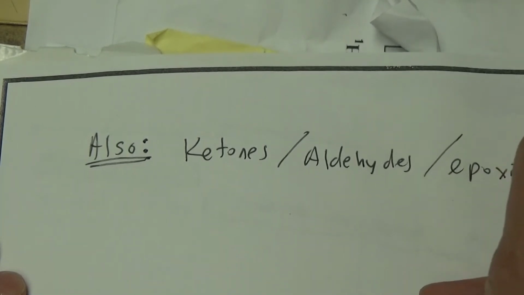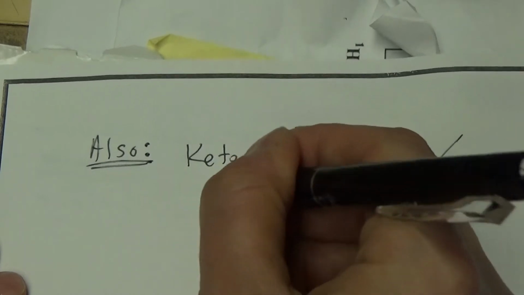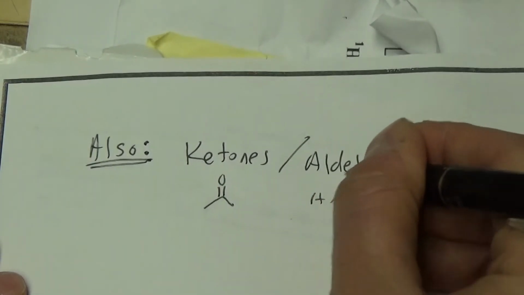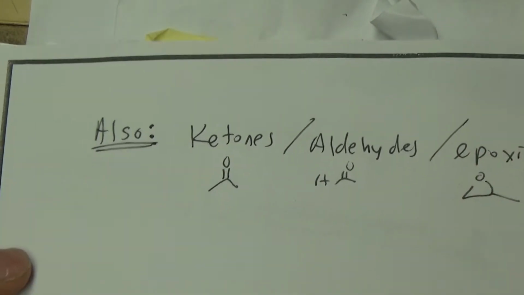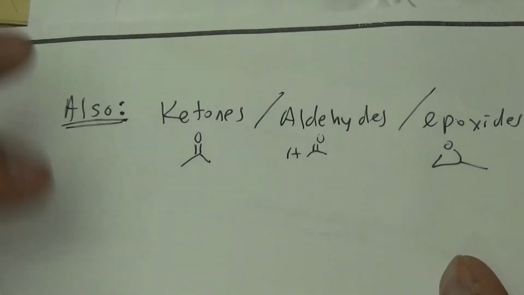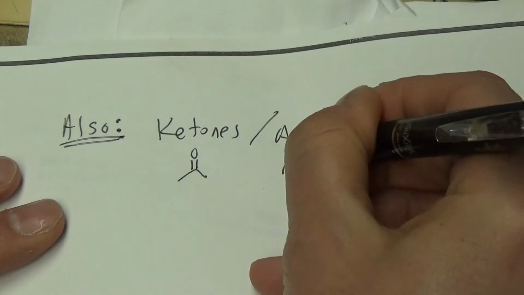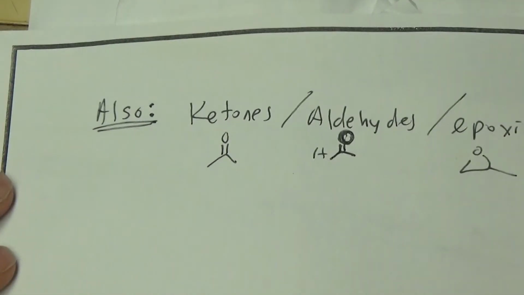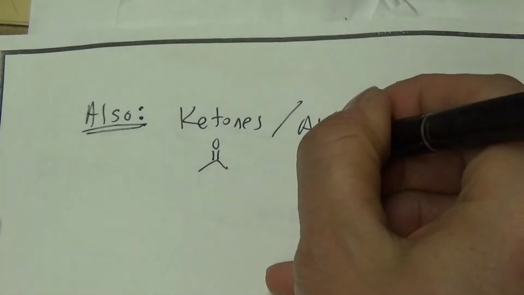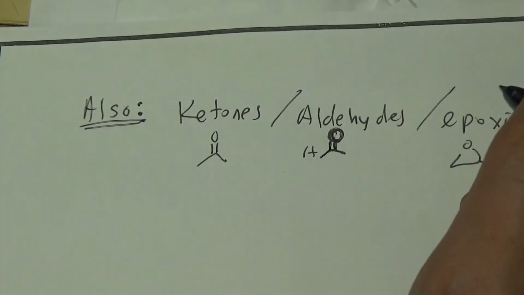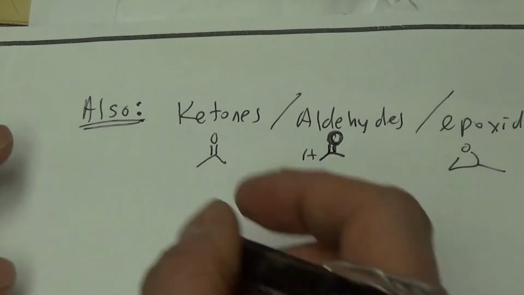Epoxides, remember those? So ketones, aldehydes, epoxides. Remember, all of these things are things we can attack with an organolithium or carbanion, right?